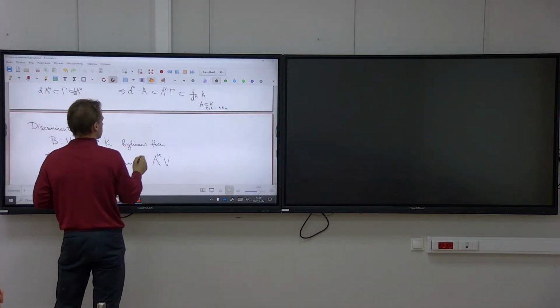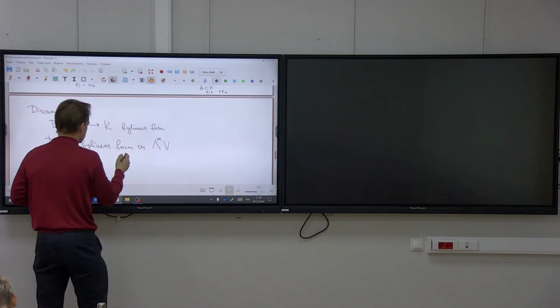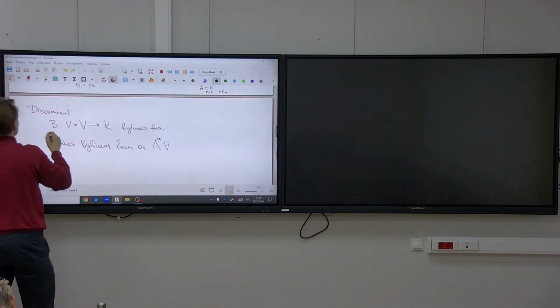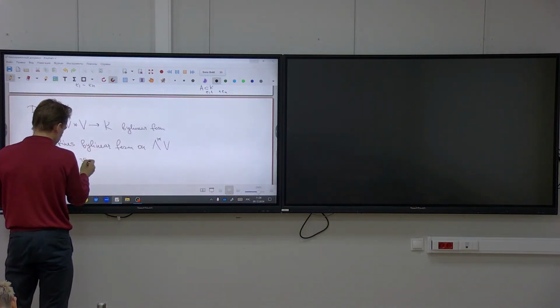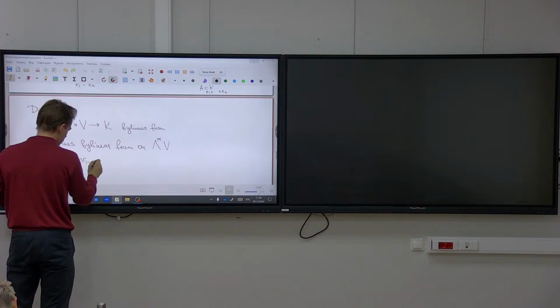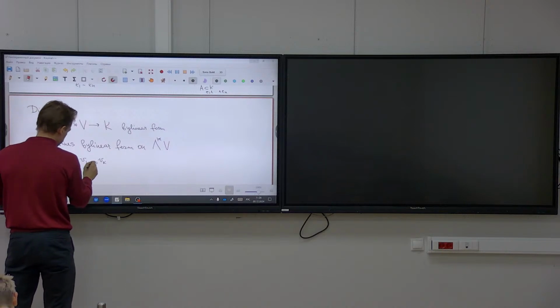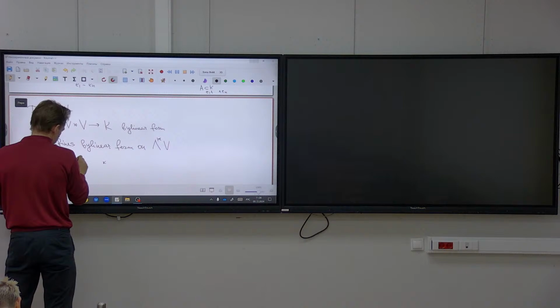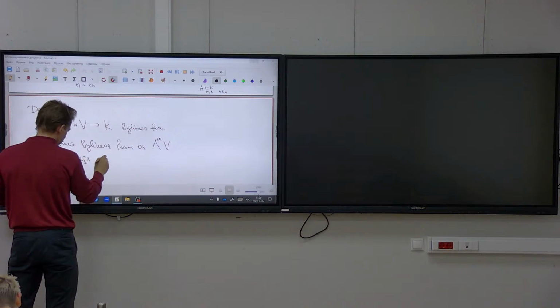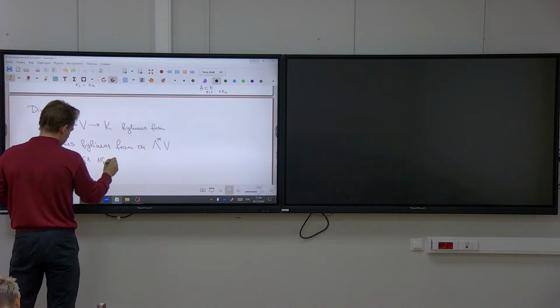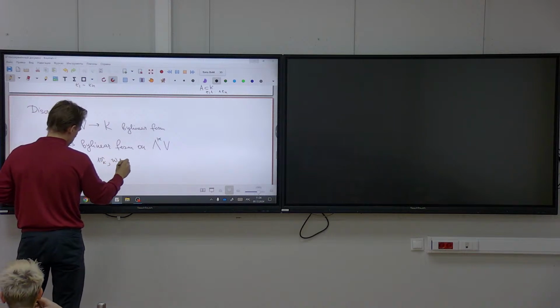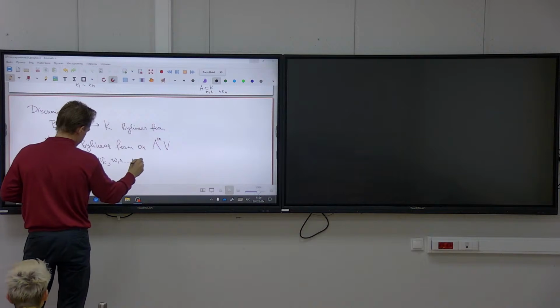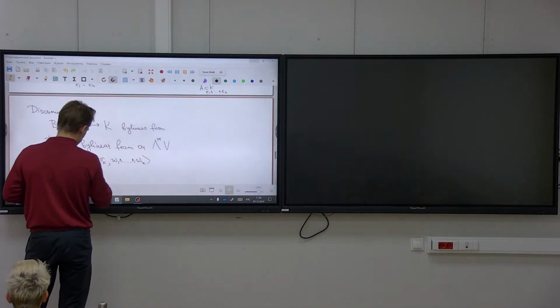If you have a collection of vectors in V, it is sufficient to define it on monomials. So you have v1, etc., vk, and w1, etc., wk.